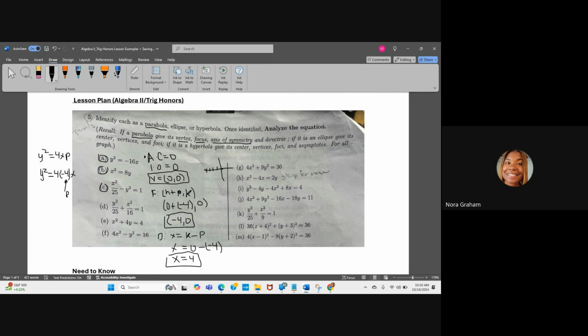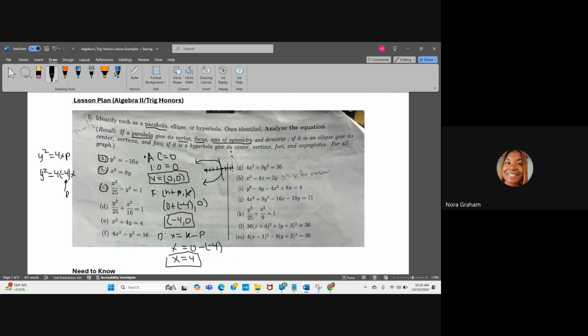And we know that our parabola opens towards our foci, so we know it's going to open this way, like that. Good. Now our directrix is a line. It's going to be equal to positive 4. So that's 1, 2, 3, 4. And that's just a line.